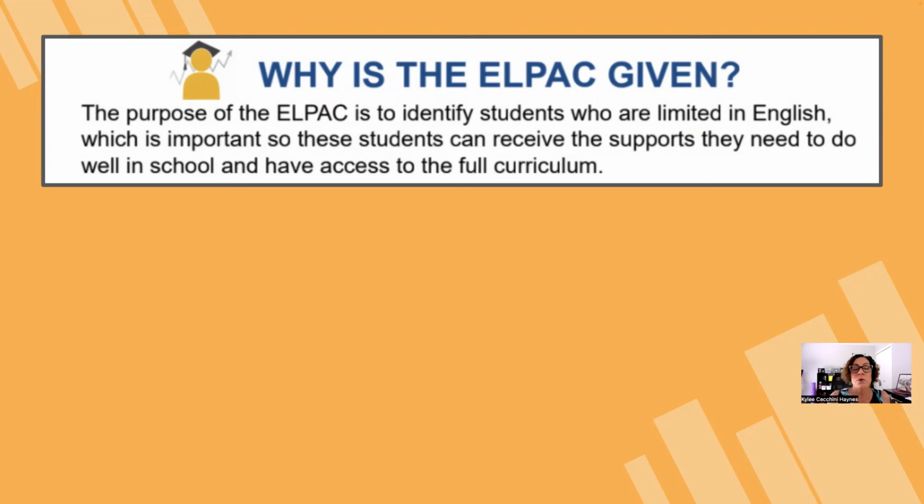And that's important so that students can receive the supports that they need to do well in school and have access to the full curriculum, right? Just because they don't know English well does not mean that they shouldn't be learning at the level of their grade level, right? So they should have access to the full curriculum, but they're going to have supports, strategies to help them access that full curriculum.